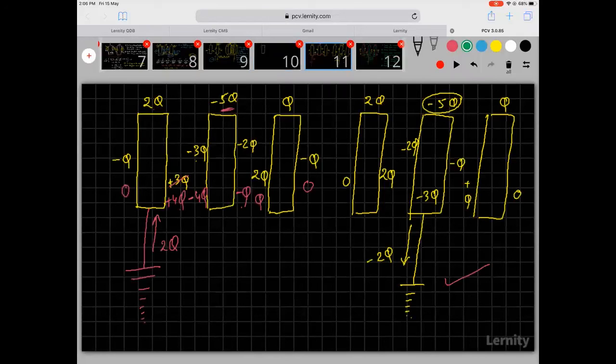Then we brought in a change. What if the central one was earthed? Then we brought in another change. What if the outer one was earthed? So in both the cases, the answers are different. The answers are not the same.